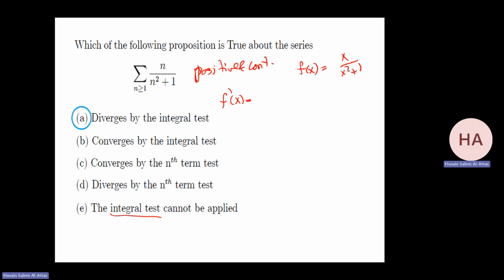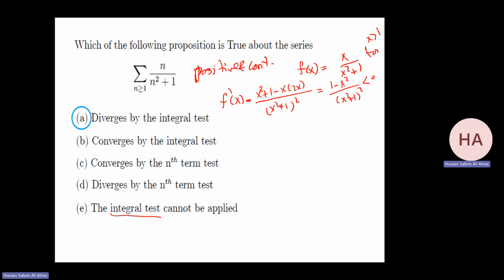f prime will be x squared plus 1 minus x times 2x, all over x squared plus 1 all squared. And that is 1 minus 2x squared plus x squared, that will be minus x squared. Well, this is negative for x greater than 1.